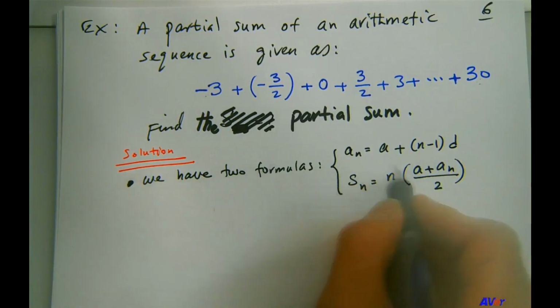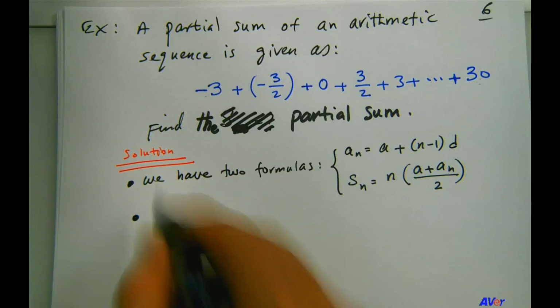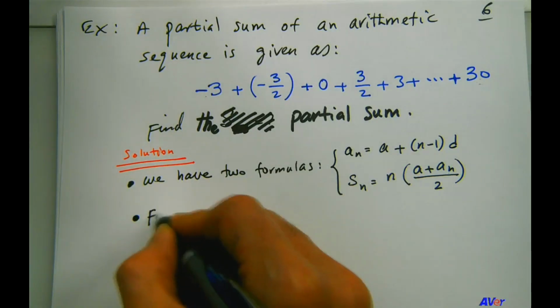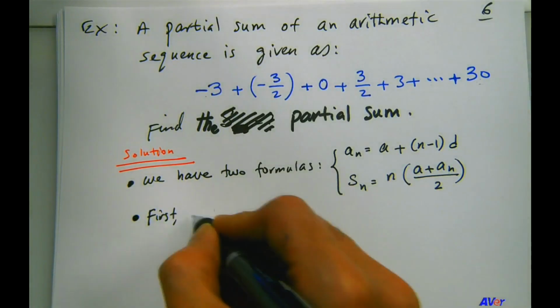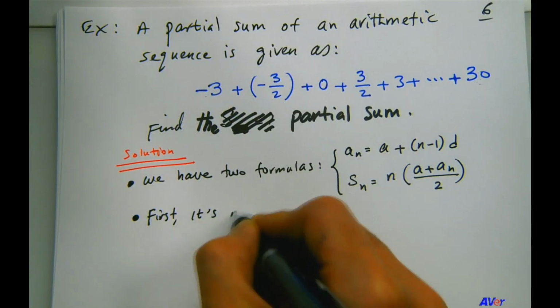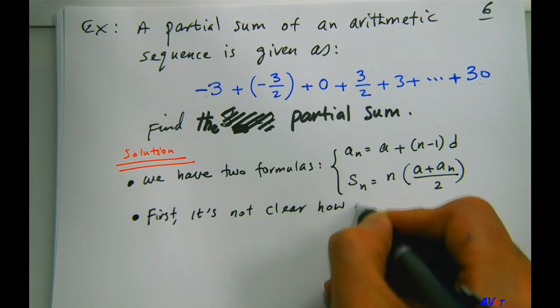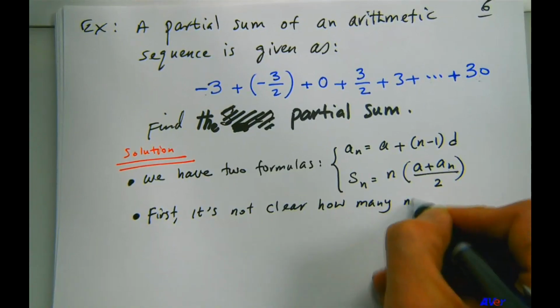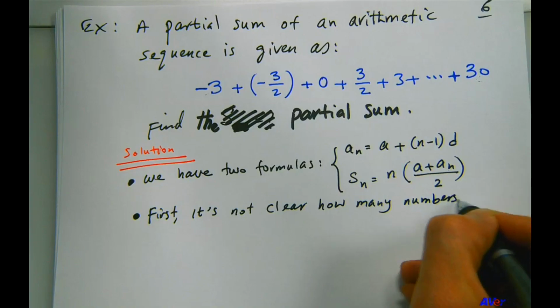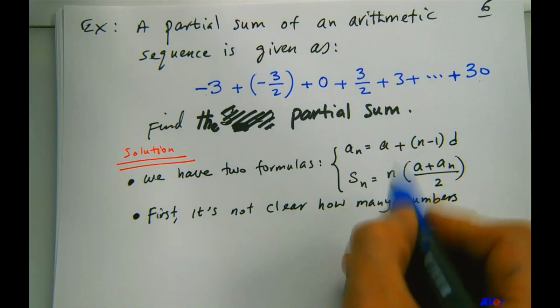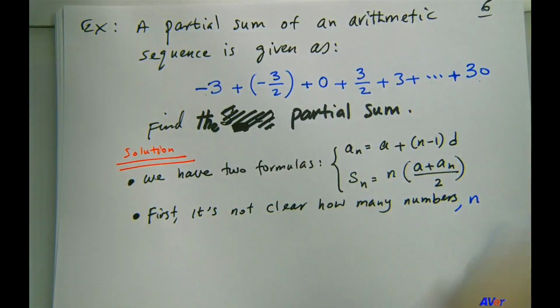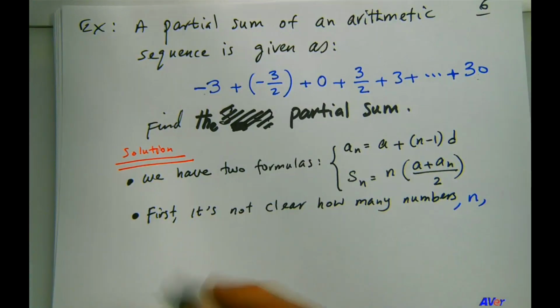So we have two formulas. Let me make a note here that first, it's not clear how many numbers n we are adding.